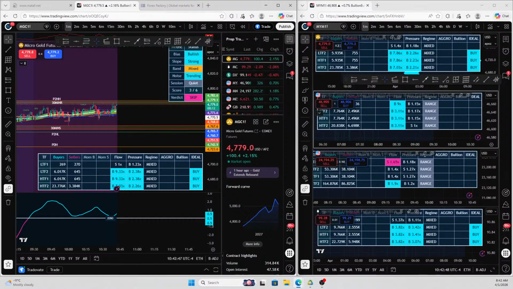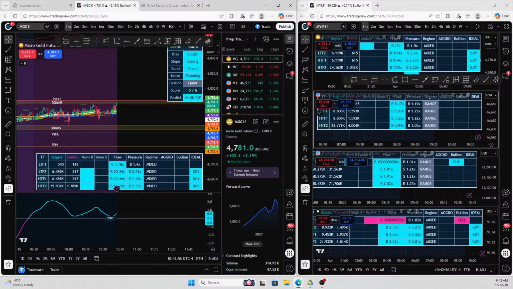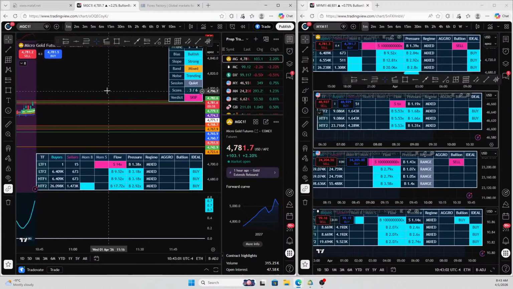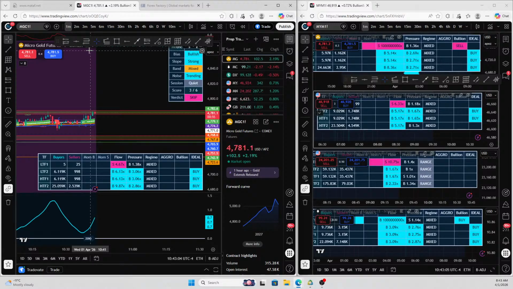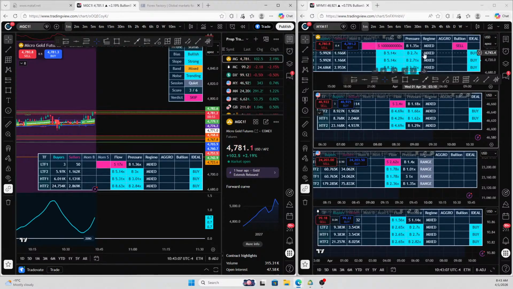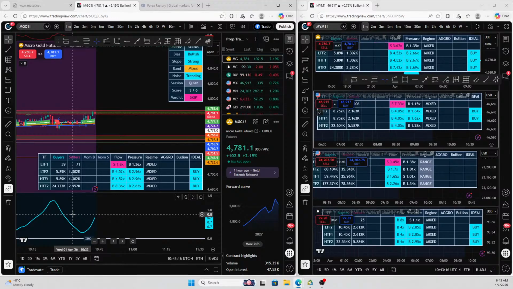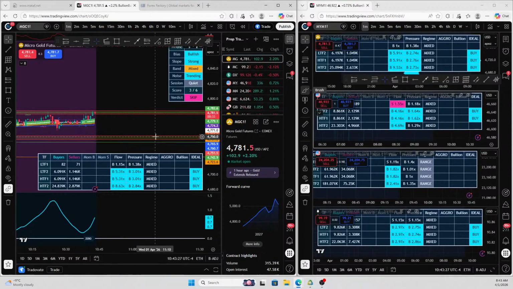Okay, we're testing the 30-minute support, and we're testing the previous high. We haven't broken out yet, so let's see how the price performs here. Okay, so we're seeing price breaking out with volume here. We're seeing price trying to break out with volume.